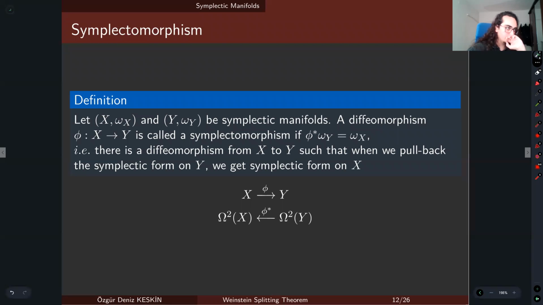It simply means that if we have two symplectic manifolds and a diffeomorphism phi between them, from X to Y, when we pull back the 2-form on Y, if we get the symplectic form on X, such a diffeomorphism is called a symplectomorphism.